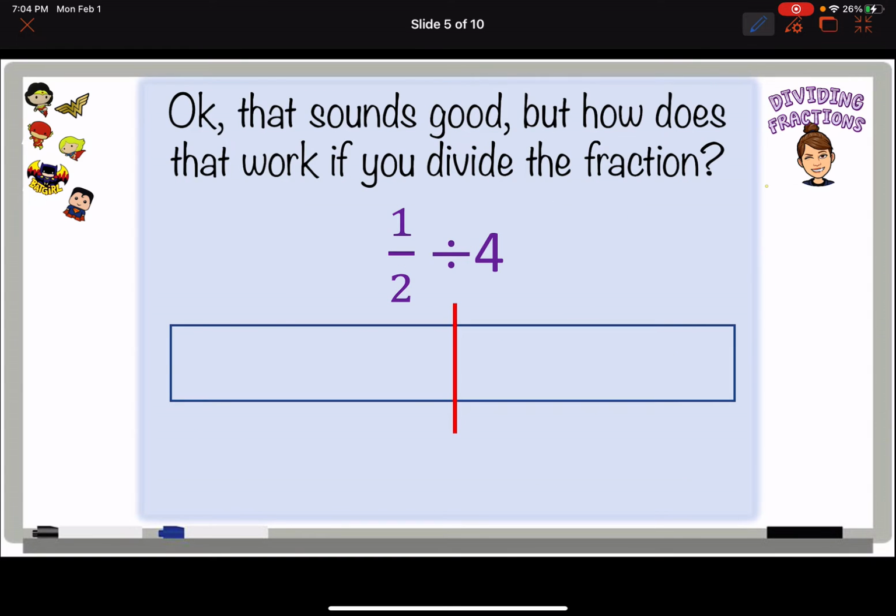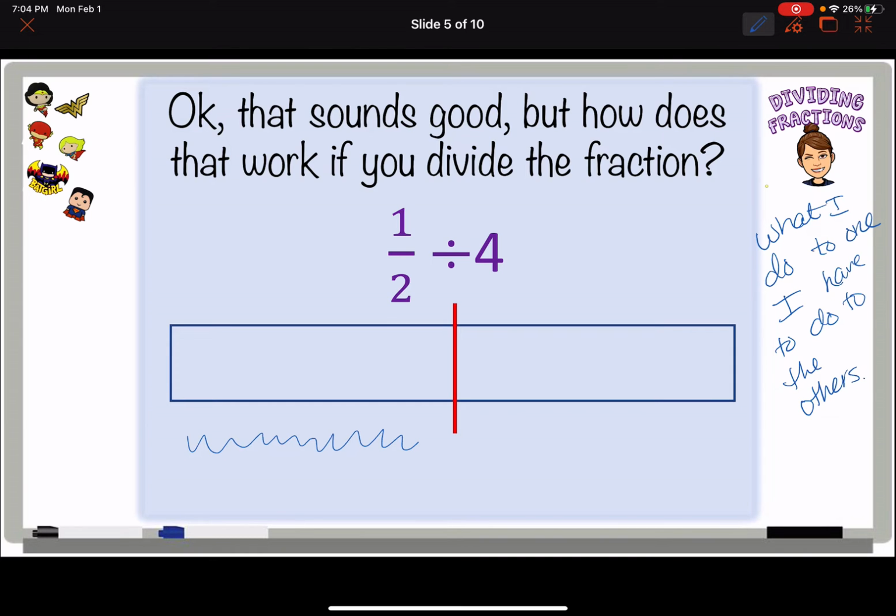So let's take a look at another problem. I have 1/2 and I want to put it into 4 groups. So I'm only working with this piece right over here. However, we have that important rule with a fraction. What you do to one, you have to do to the other. I'm going to write that down. What I do to one, I have to do to the others.